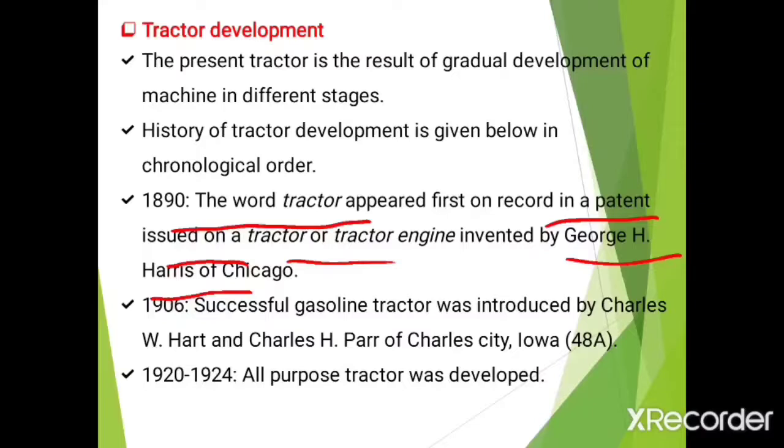After that, in 1960 to 61, tractor manufacturing was started in India by the first manufacturer, Eicher Good Earth. So this is most important: the first tractor manufacturing company in India is Eicher Good Earth. Then in 1971, Escorts Tractors Limited started producing the Ford tractor. After that, in 1982 and afterwards, universal tractors were established.